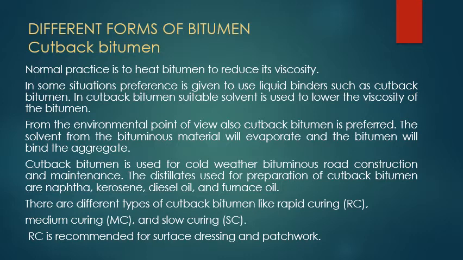But in the cutback bitumen, here we are adding suitable solvents to lower its viscosity at lower temperature. The cutback bitumen is prepared by diluting paving grade bitumen with volatile solvent such as light fuel or kerosene.